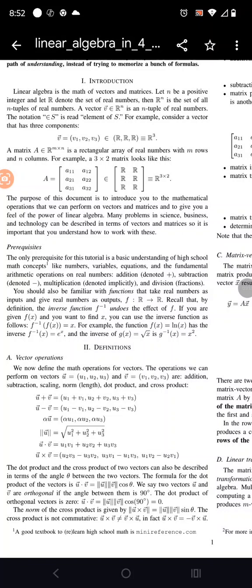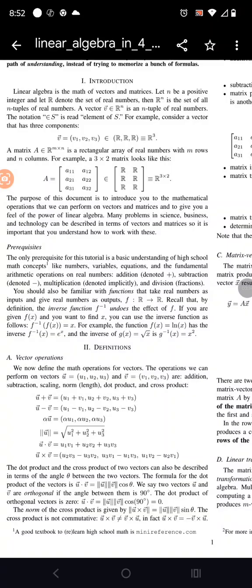Vector operations. We now define the math operations for vectors. The operations we can perform on vectors u equals u1, u2, u3, and v equals v1, v2, v3 are addition, subtraction, scaling, norm, dot product, and cross product.